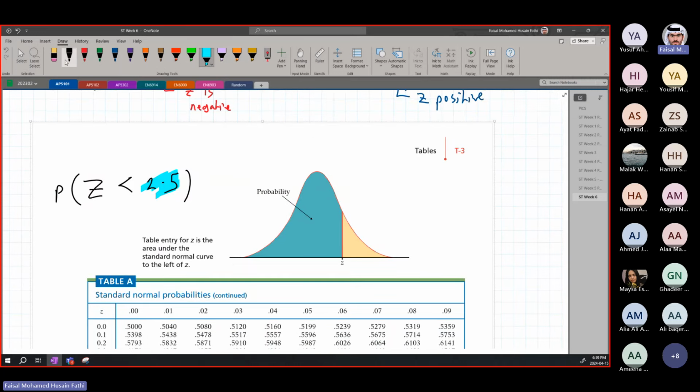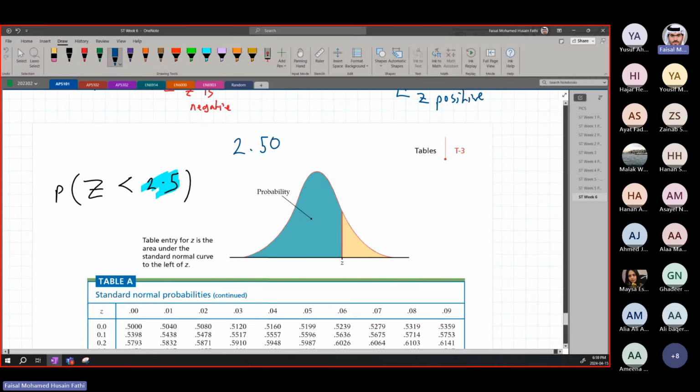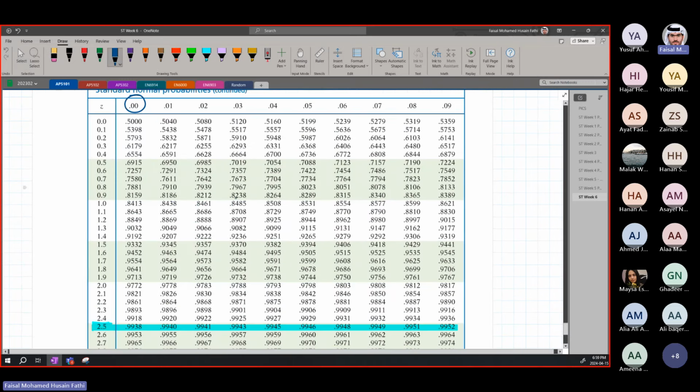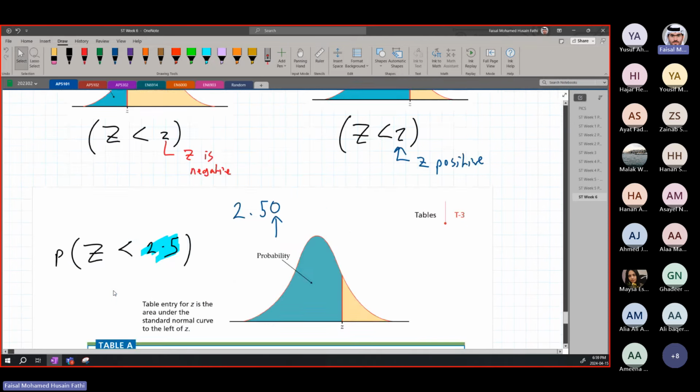What does this mean? Here we have 2.5 which is basically 2.50, the same thing. Good. So the top row is basically just this zero. So because 2.5 is 2.50, we are going to be looking at the first row. Good. So because of this, we're going to be choosing the first value, which is 0.9938.